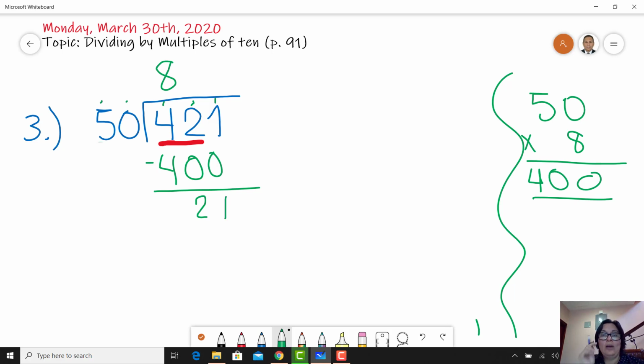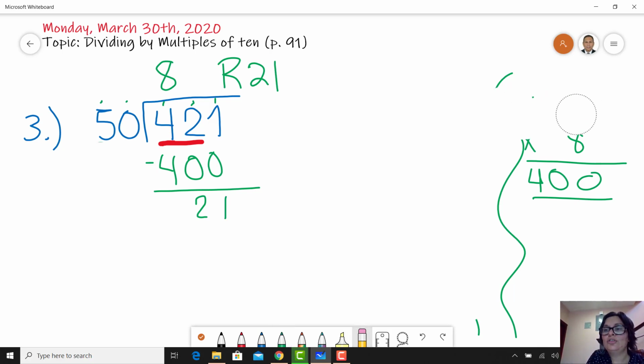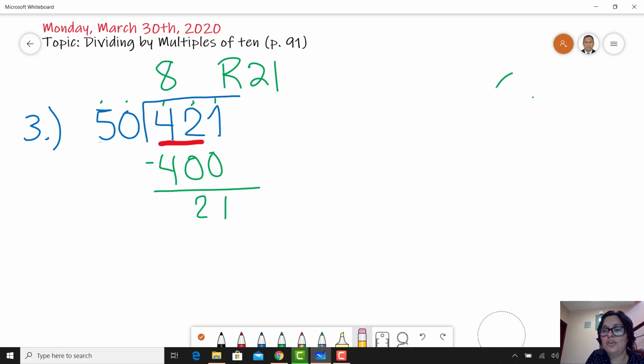Can you continue dividing? No, because we don't have any other number in the dividend to take down. So in here the answer is 8 remainder 21. But we need to do something. Do you remember the instruction? We didn't do it in exercise number 2, but we are going to do it here.